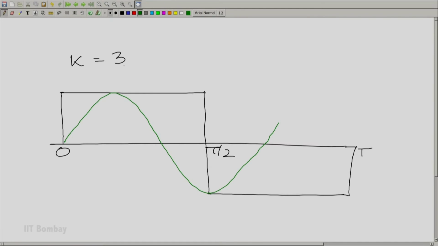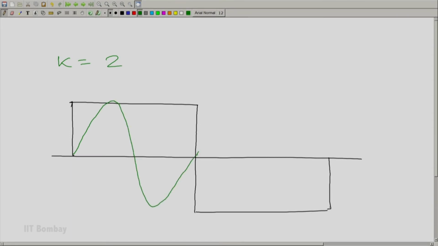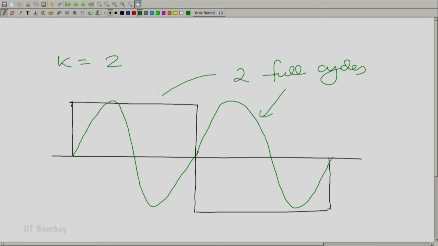Well, let me instead draw for k equal to 2, that might be easier to understand. So, for k equal to 2, I need to have 2 full cycles. How will 2 full cycles look like? You are going to have 1 cycle completed between 0 and T by 2, and 1 more full cycle completed between T by 2 and T, 2 full cycles.